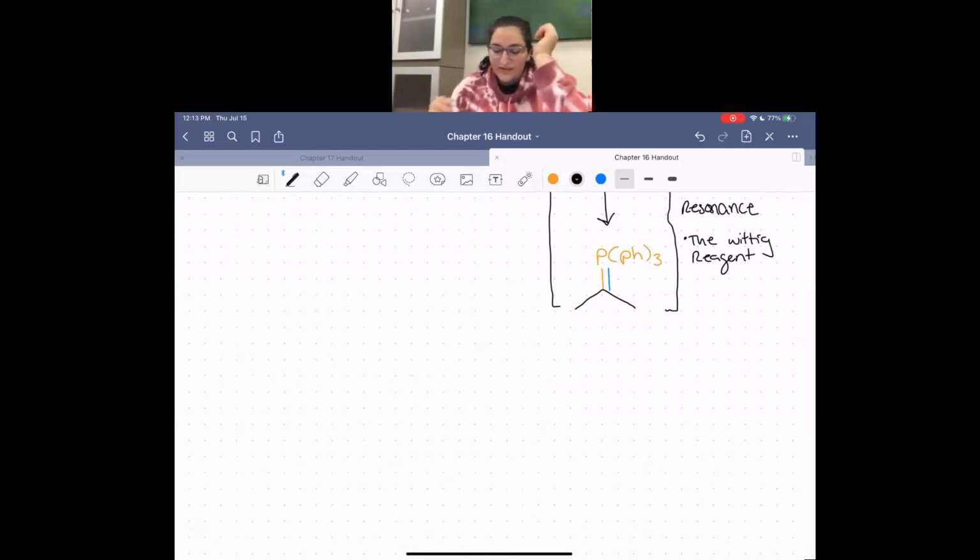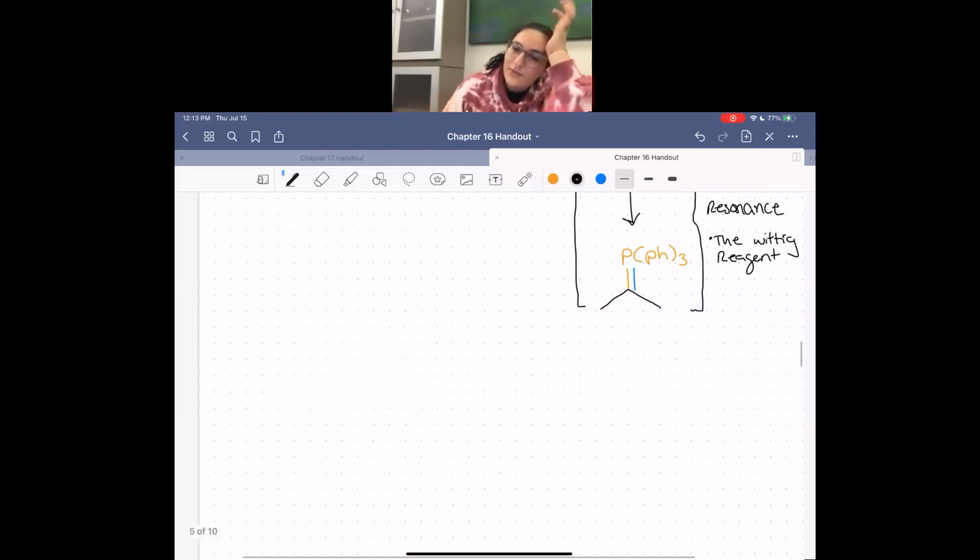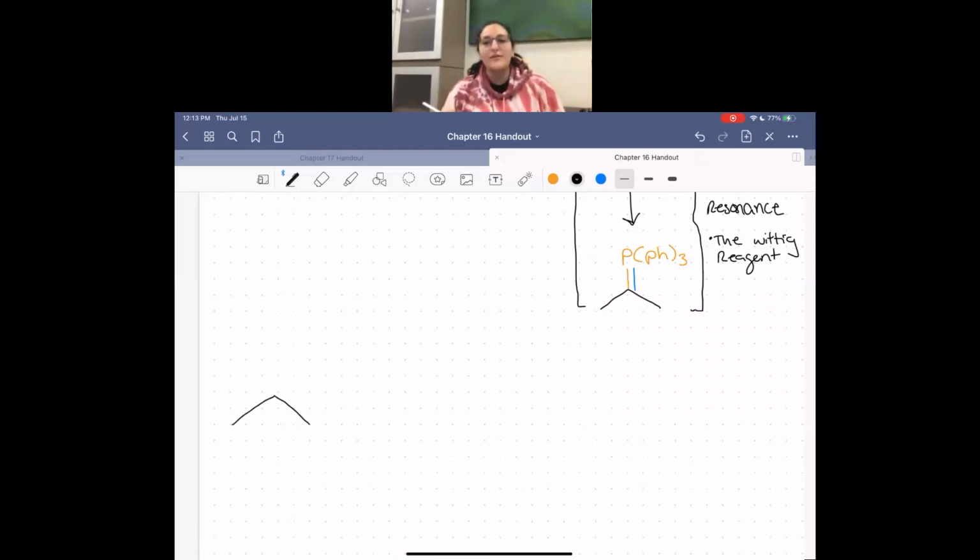Okay, cool. So the actual Wittig reaction is the fun part. So the Wittig reaction is going to start with, you guessed it, a ketone or an aldehyde. And instead of filling these things in, for now I'm just going to call them R1 and R2. The important thing is that we have a carbonyl, right?